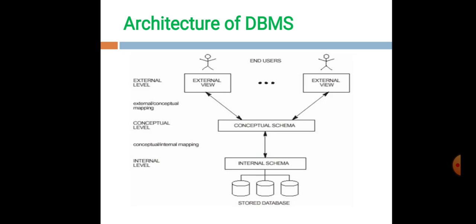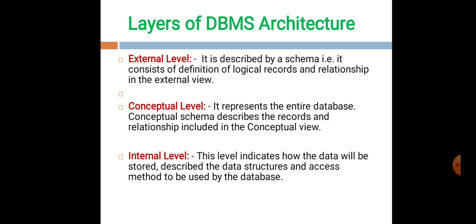This is the pictorial representation of the architecture of DBMS. The layers of DBMS. First one is the external level, described by a schema that consists of definitions of logical records and relationships in the external view.